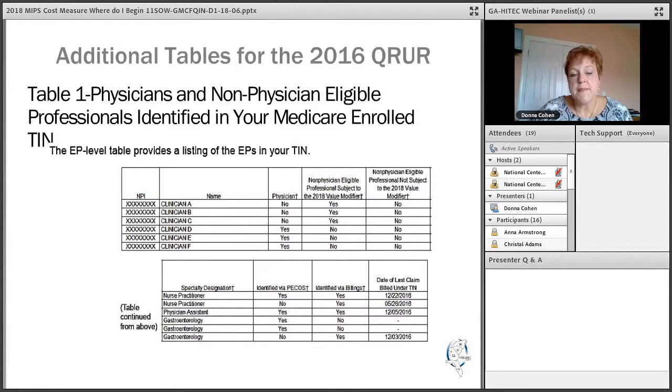So I would encourage you to look at this, and if you've got some claims that were billed early in 2016, you can see maybe those clinicians are not attributed to your TIN.